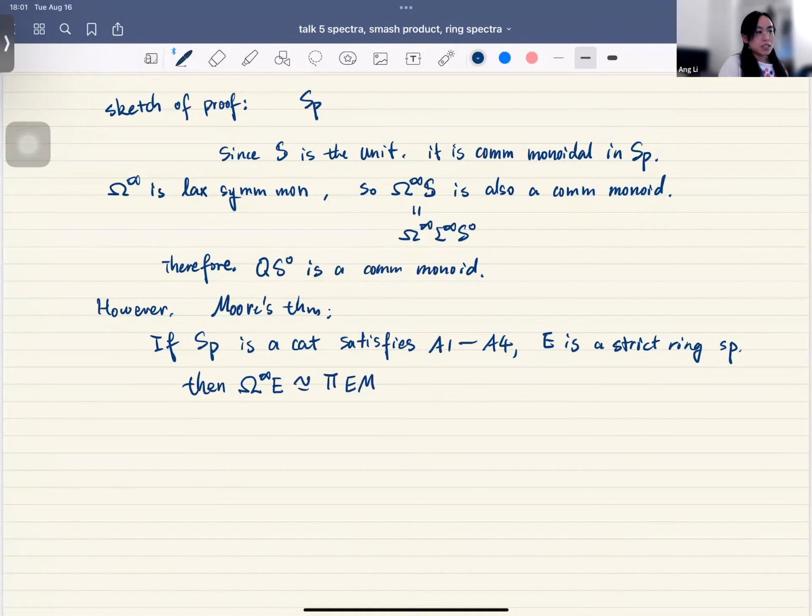Yeah, so it's a product of Eilenberg-MacLane spaces. Well, okay, so from this, our conclusion is the stabilization of S0 is a product of Eilenberg-MacLane spaces. But this is not true.